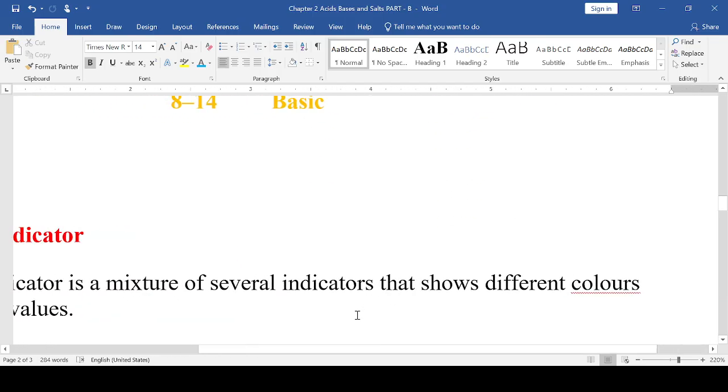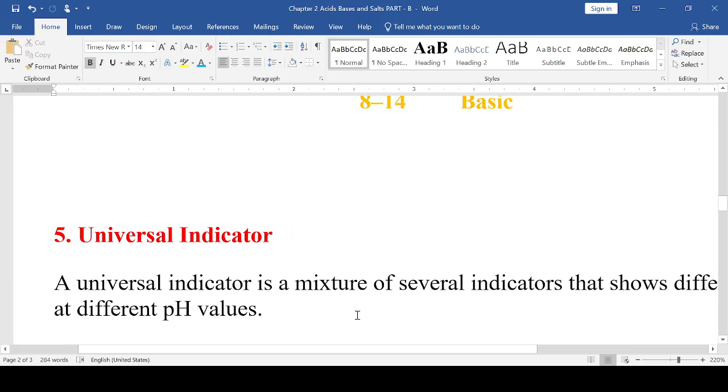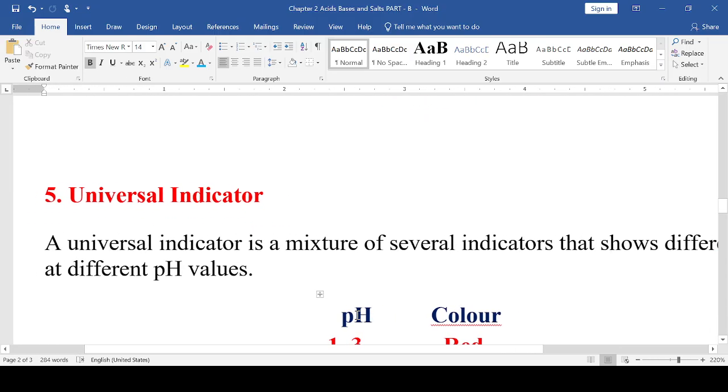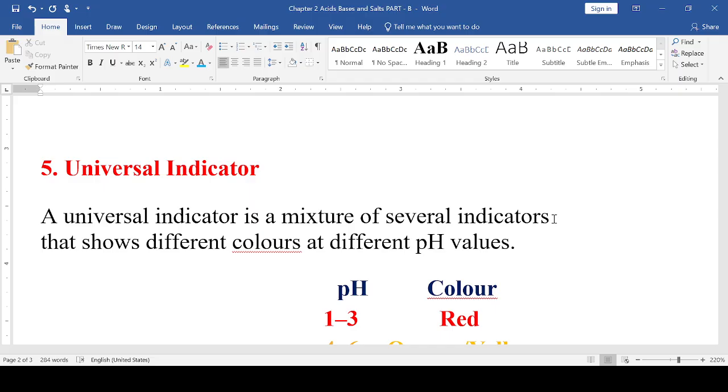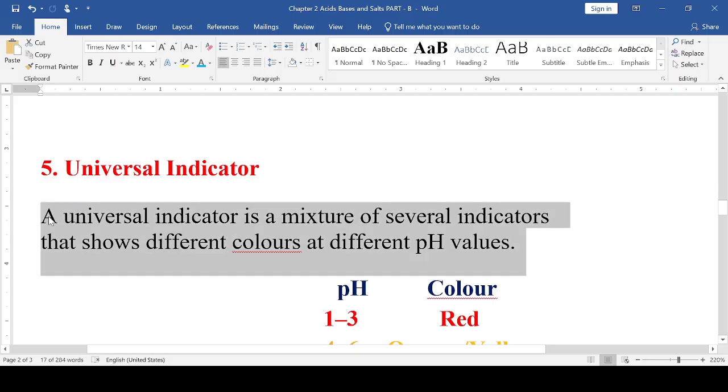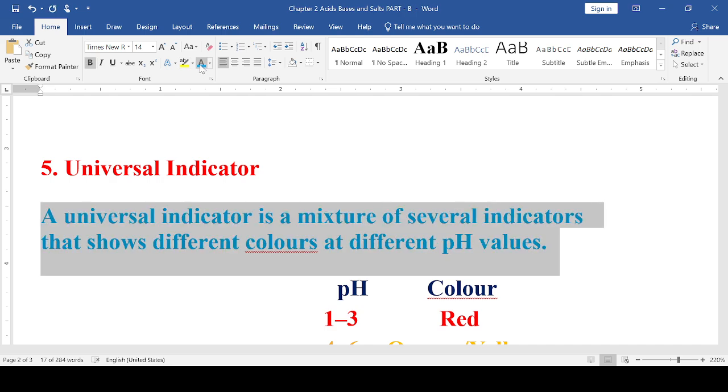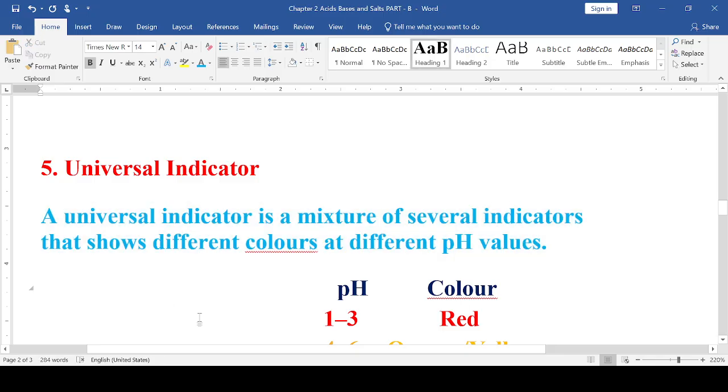Next we will come to the universal indicator. So what is this universal indicator? A universal indicator is a mixture of several indicators that show different colors at different pH.